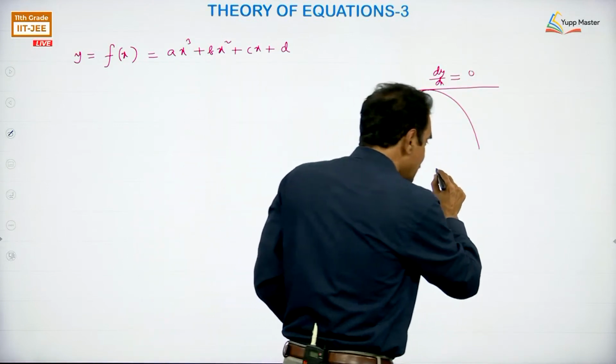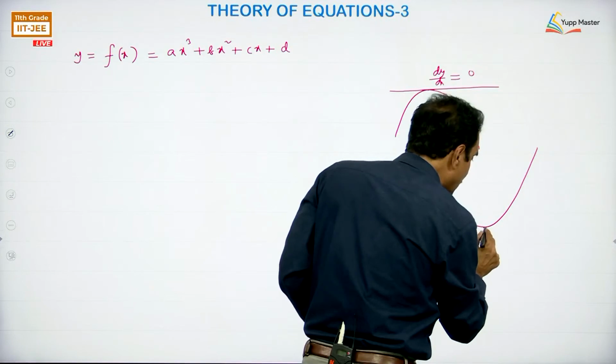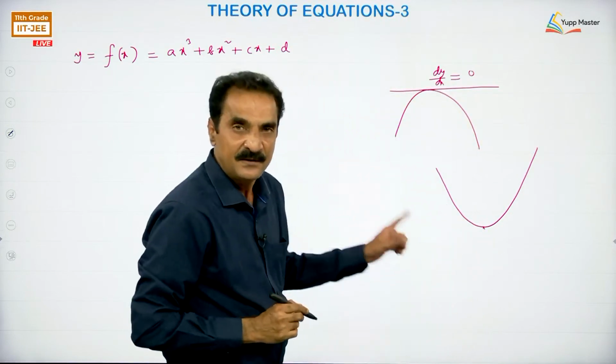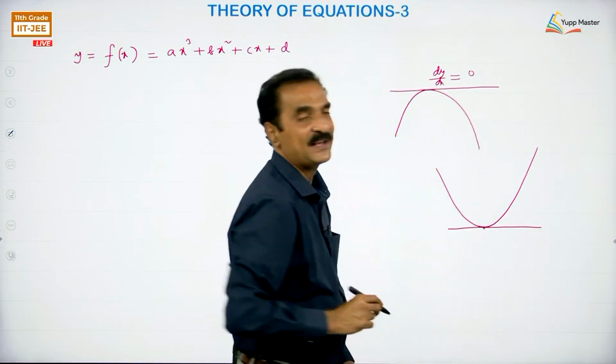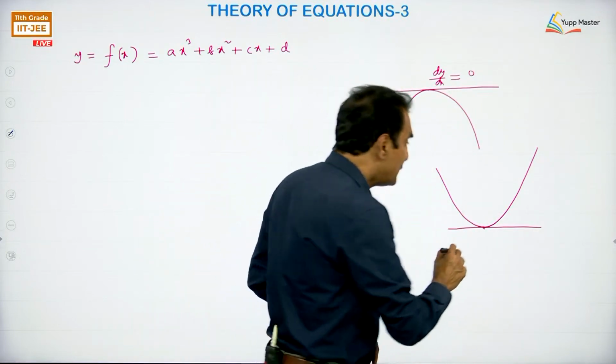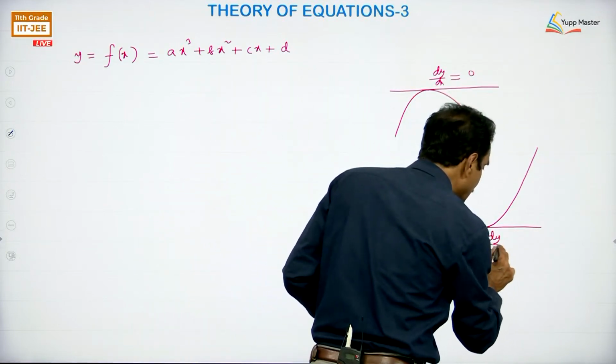Similarly, if a function attains a minimum value at some point, if you draw a tangent, the tangent will be parallel to the x-axis. So dy by dx will be 0.